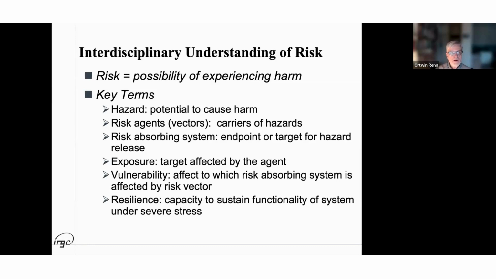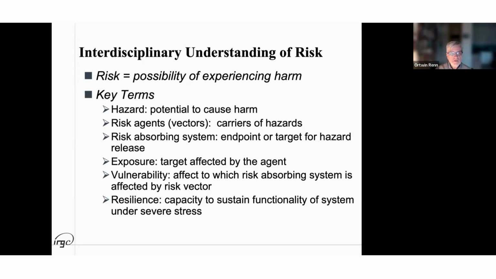The key terms: a hazard is a potential to cause harm, so it doesn't have to be materialized. A knife could be a hazard as well as a chemical, but it doesn't do harm unless somebody is exposed to that hazard and then has some kind of impact. We have risk agents. These are the carriers of hazard, the ones that actually do the damage.